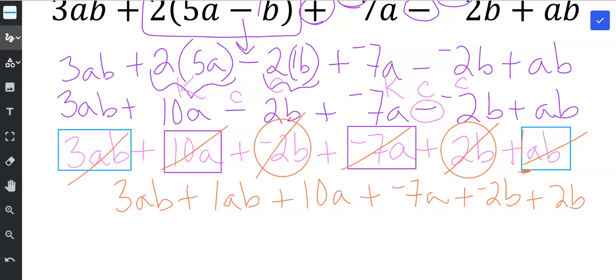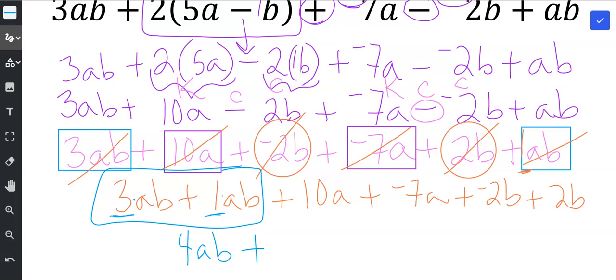Change colors again. And I'm going to start combining by paying attention to the coefficients. Remember, the coefficient is the number being multiplied by the variables. So 3 plus 1 is 4, so I have 4ab plus, all right, I have a positive 10 and a negative 7.